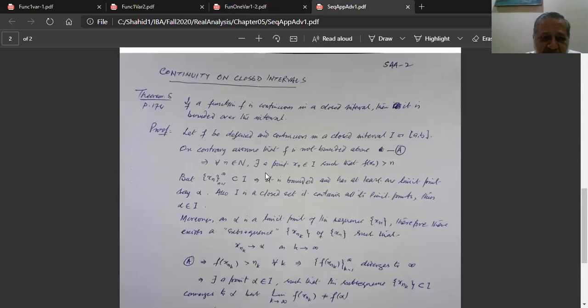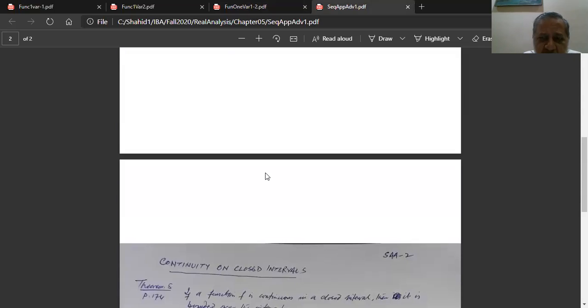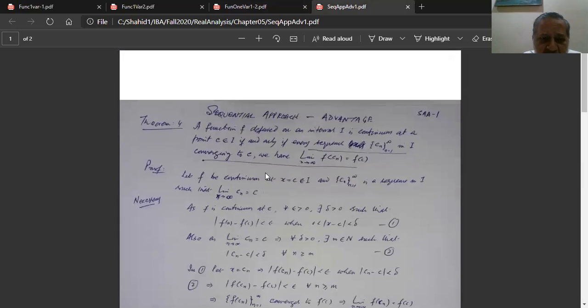First, let us see this on page. The continuity on a closed interval. नहीं, सही है यही है. There are 4. Sequential approach, the advantage.